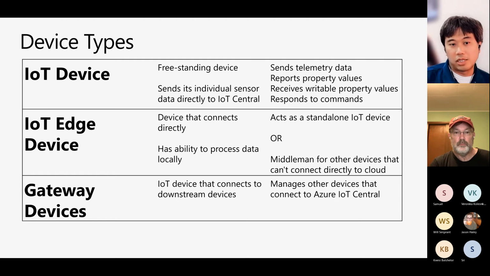So a gateway device is where some of these IoT devices would connect and talk, let's say LoRa, or some other protocol, and then it forwards that message, and that connects to IoT Central.